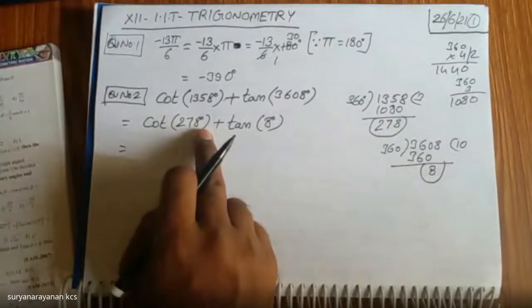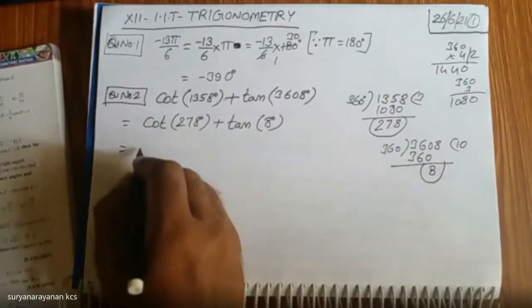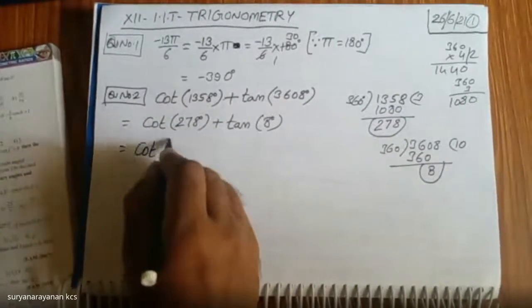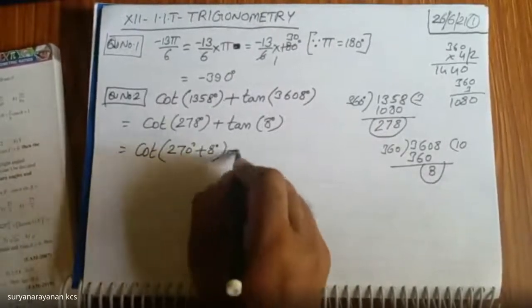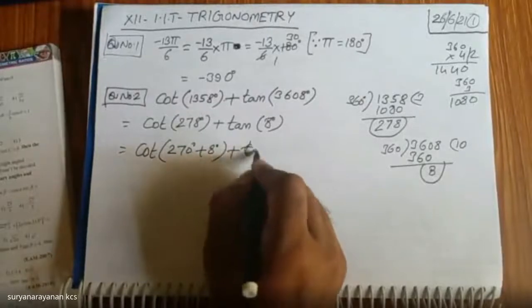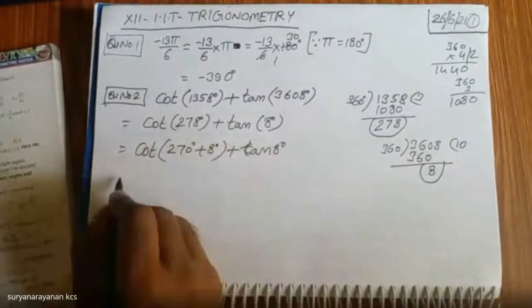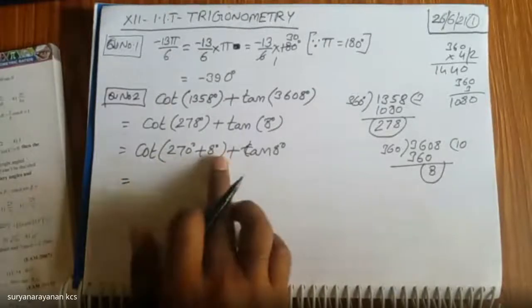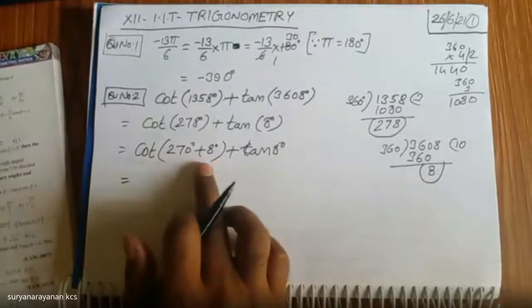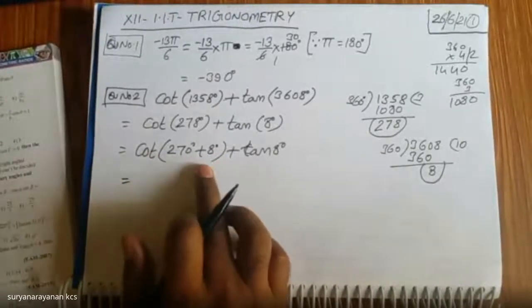How can you write 278 degrees? Cot 270 degrees plus 8 degrees, plus tan 8 degrees. Cot of 270 plus theta, this angle is in the form of 270 degrees plus theta.